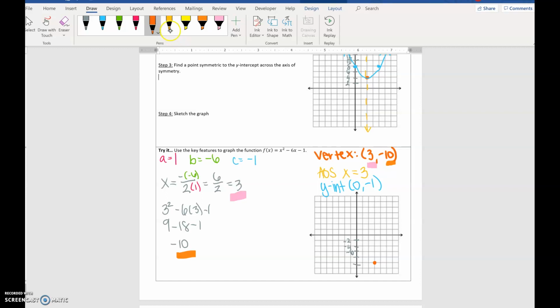And then that's also where my axis of symmetry is going through. That's where I can cut my parabola, my U shape, in half. And then I have my y-intercept of 0, -1, so right here. And then that would be the same on this side here. And then you just draw your U shape.